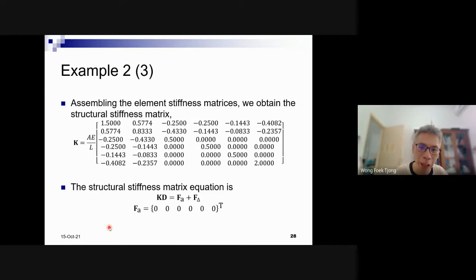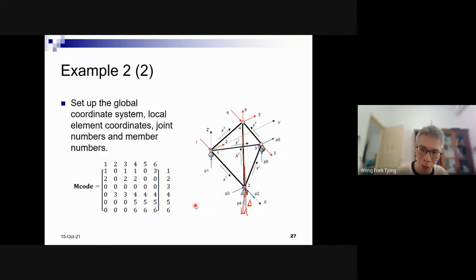The question is how to calculate F delta, okay? How to account for the deflections? This is the same as for 2D truss. We go back to the element. Look at this joint. Which elements are connected to this joint? Element number 1 at the right end.